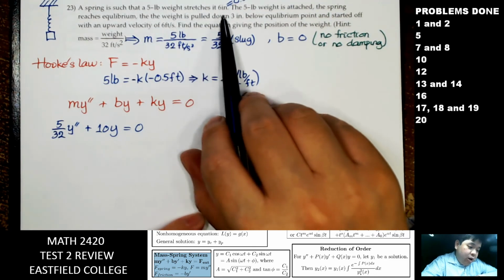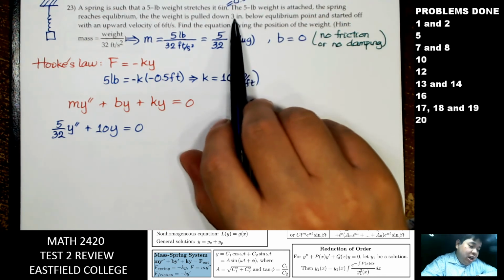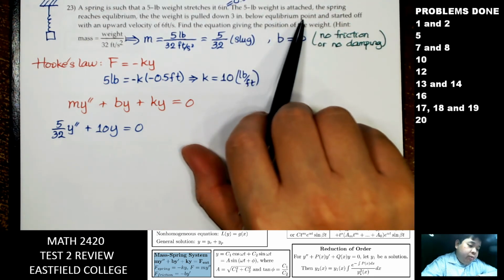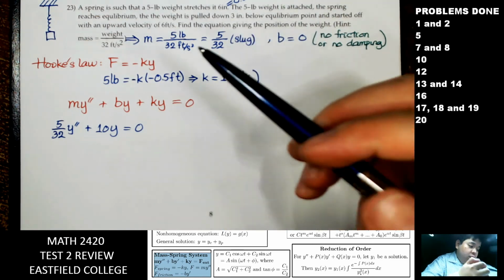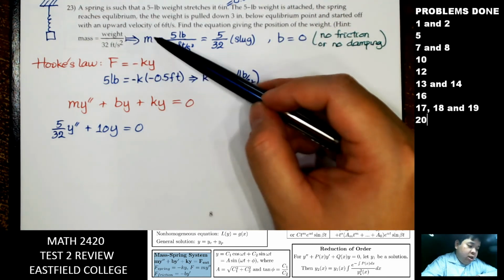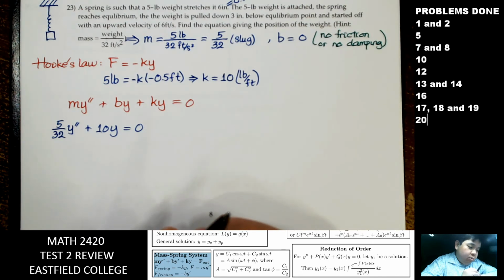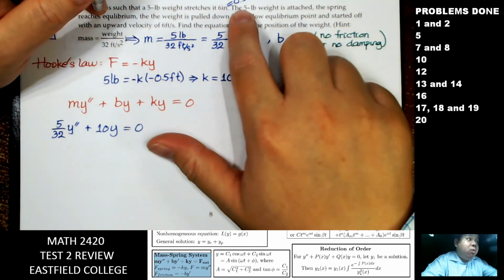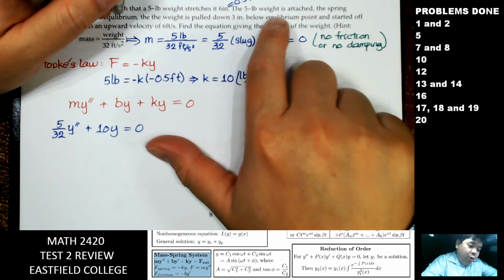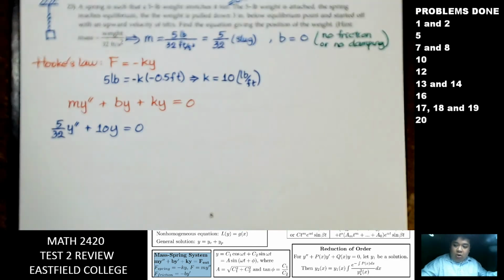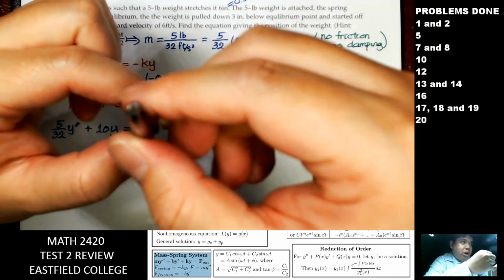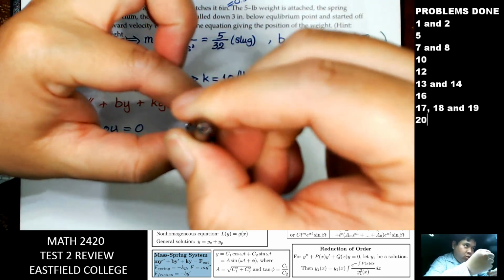Then the weight is pulled out 3 inches below the equilibrium, and starts off with an upward velocity of 6 feet per second. Originally the problem said that the 5 pound weight is attached, so originally the spring is not stretched. At that 5 pounds, it will stretch a little bit.